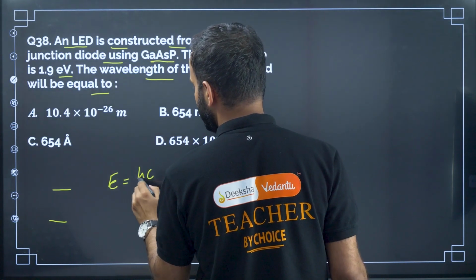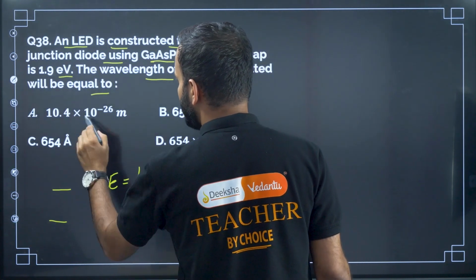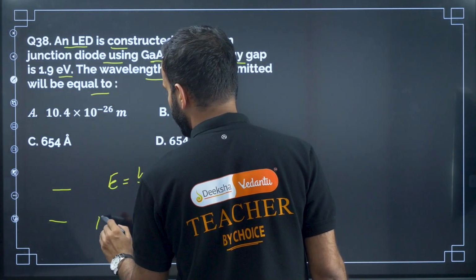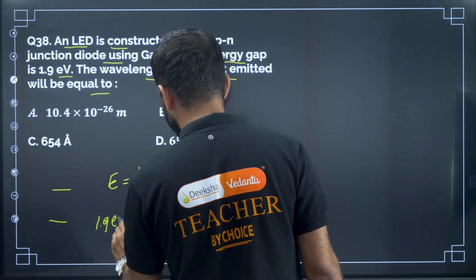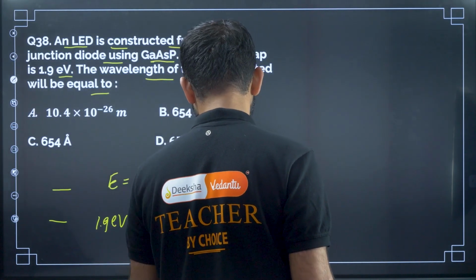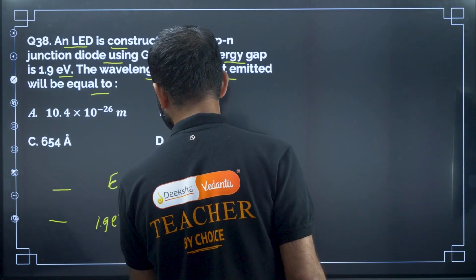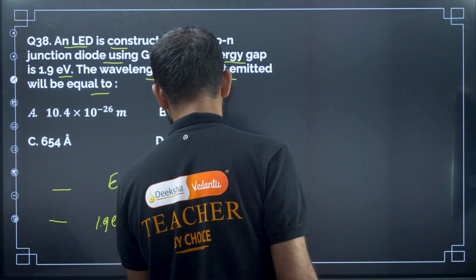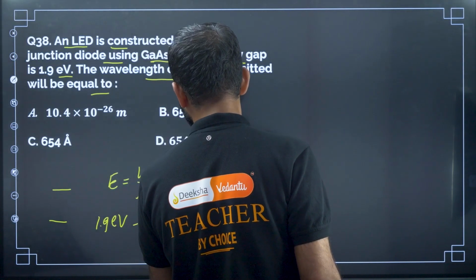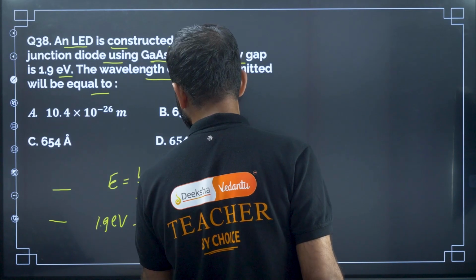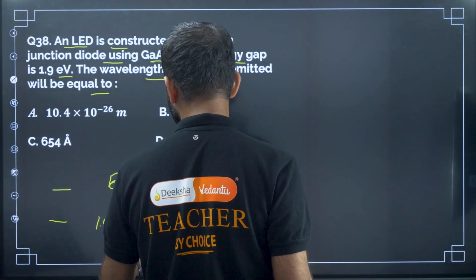So E equals hc by lambda. E is 1.9 electron volt, and hc is 1242 electron volt nanometer. So 1.9 electron volt equals 1242 electron volt nanometer divided by lambda. We need to find lambda.